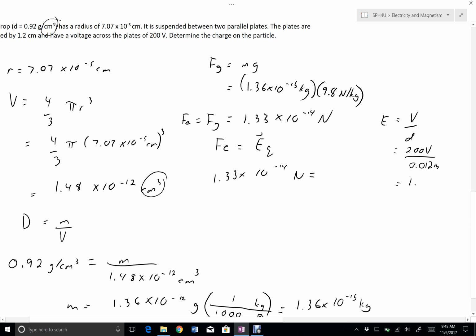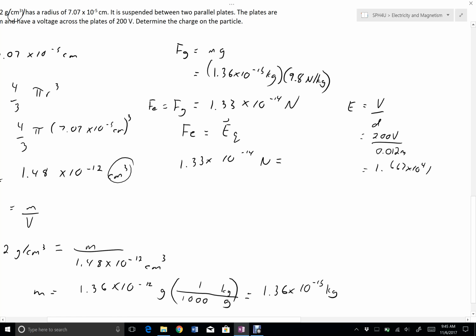And I get 1.667 times 10 to the 4 newtons per coulomb, times the charge.